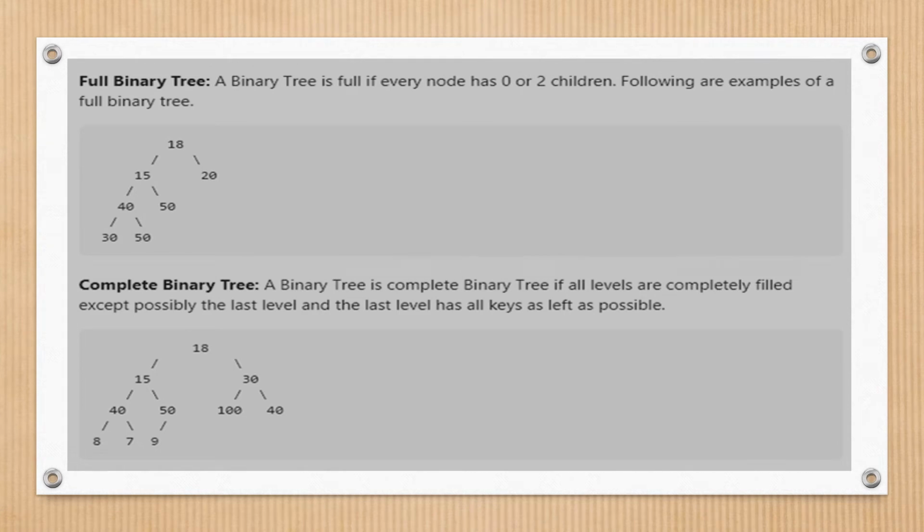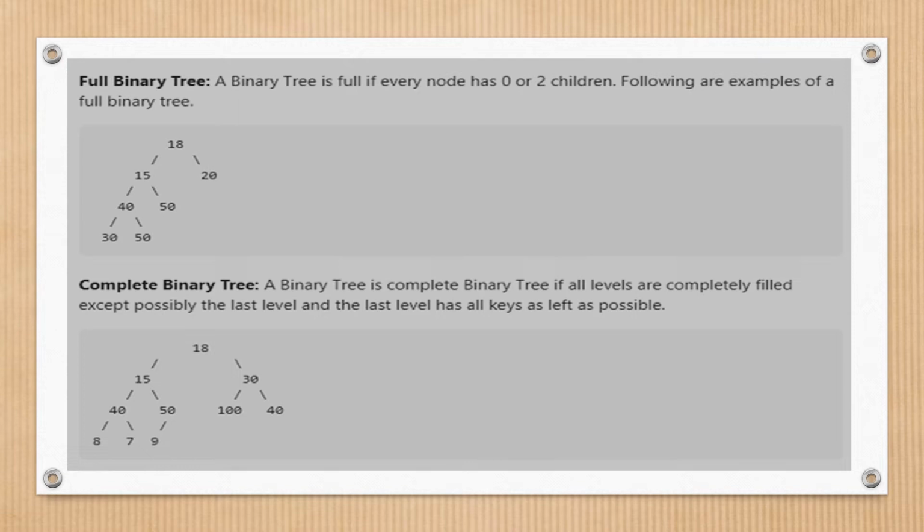Types of binary tree. There are many types of binary trees. Let us discuss these types of binary trees. First one is full binary tree. A binary tree is full if every node has 0 or 2 children.